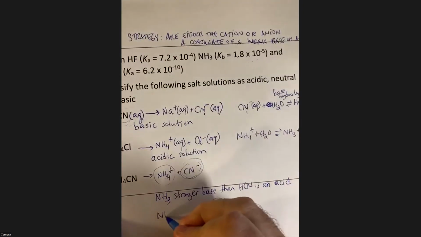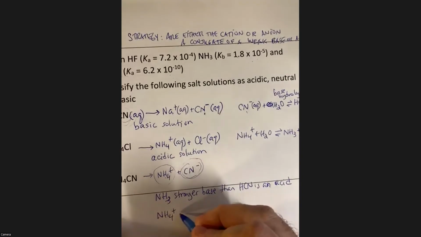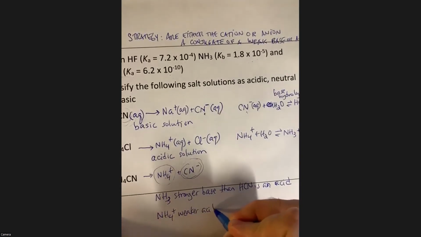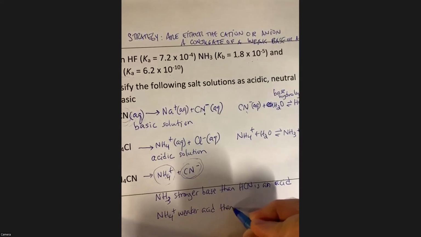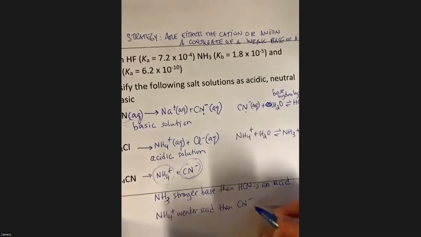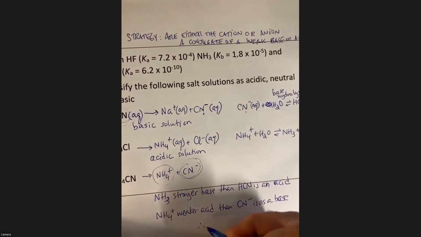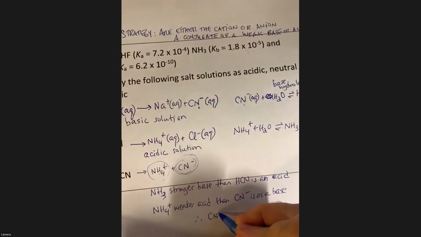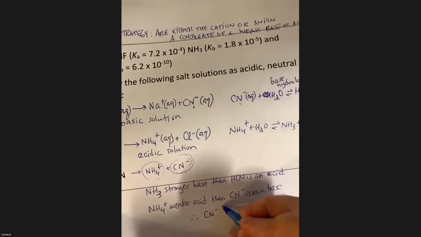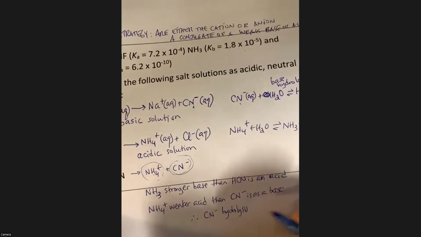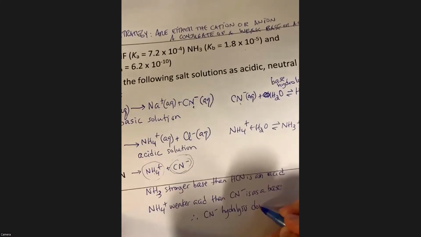Therefore, the conjugate should be a weaker acid than this conjugate is as a base. Therefore, CN hydrolysis dominates.